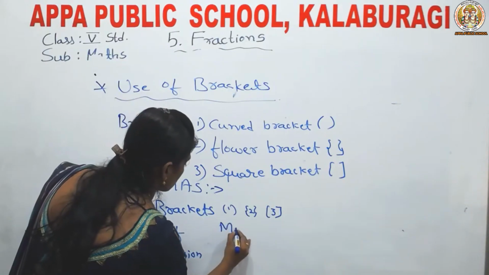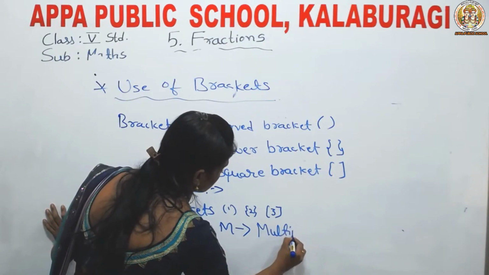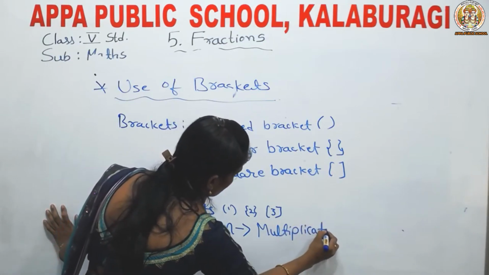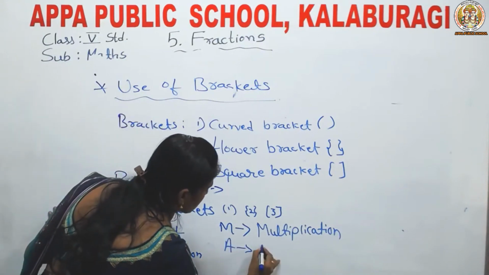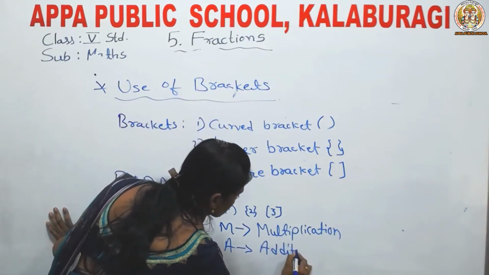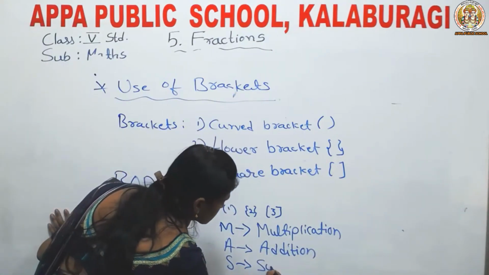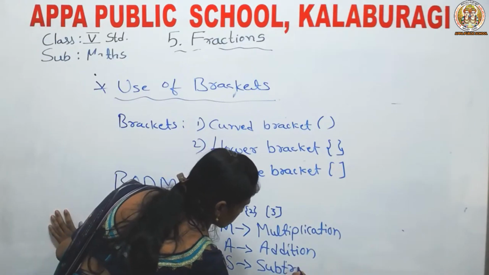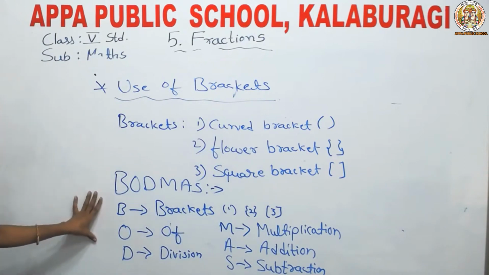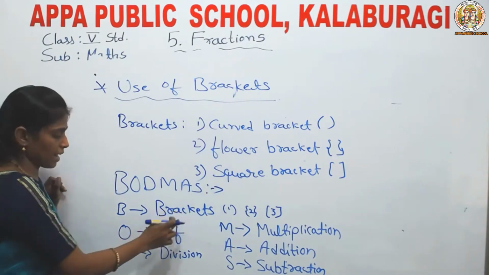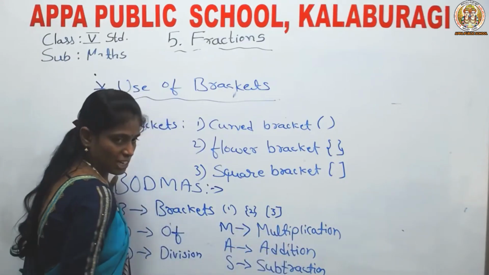Next, M stands for multiplication. Next, A stands for addition. And S stands for subtraction. Okay. This is the Bodmas rule. Bodmas means brackets, of, division, multiplication, addition, and subtraction.